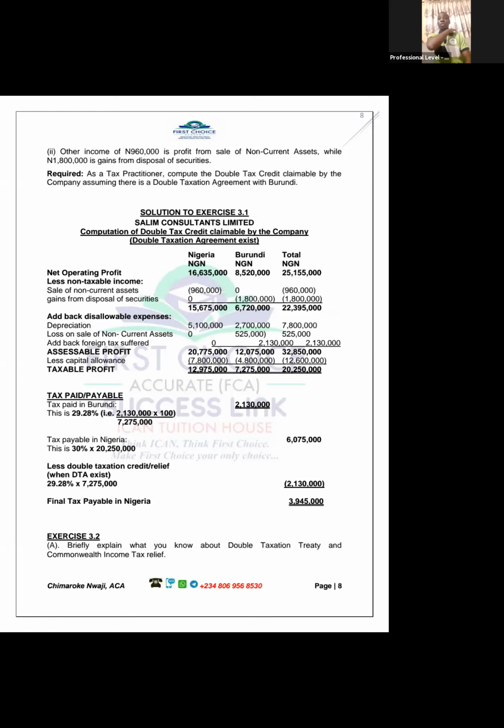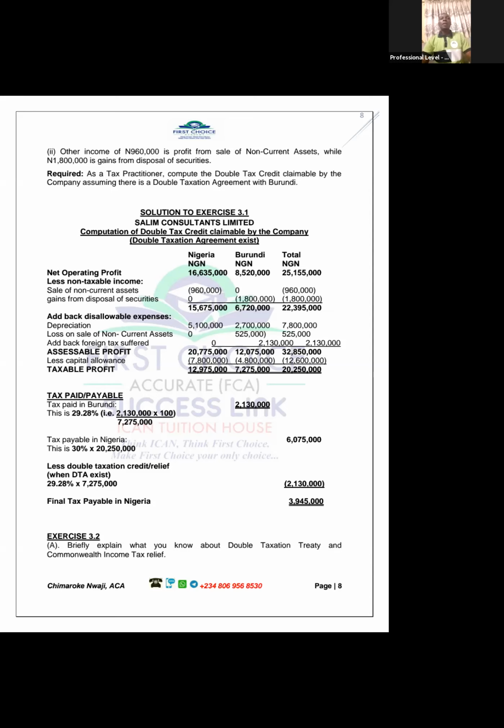You also have to add it back. Forget that second bracket that you saw there, there's not supposed to be a bracket. You add it back. You have deducted it before, it doesn't concern operation, so reinstate it so that your profit will increase.